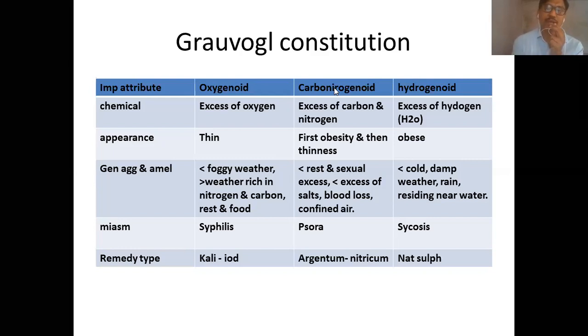So these are a few aggravating and ameliorating factors of the carbonitrogenoid constitution, which clearly differentiate it from the oxygenoid constitution.